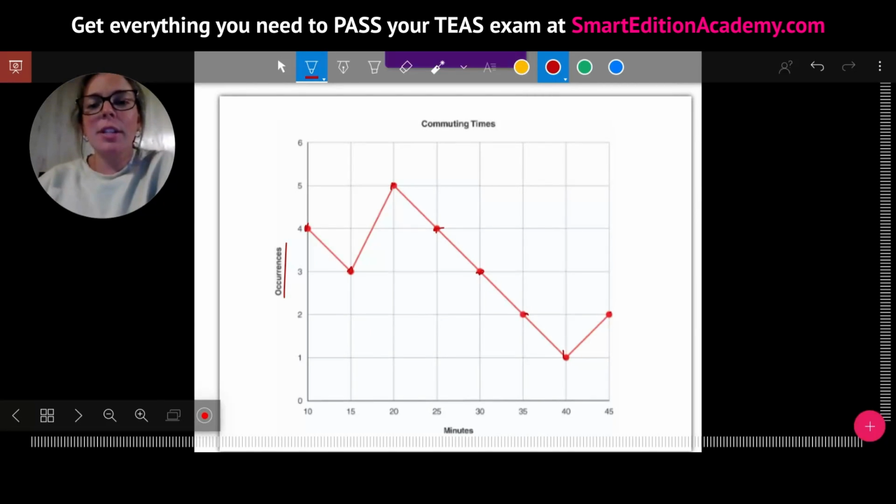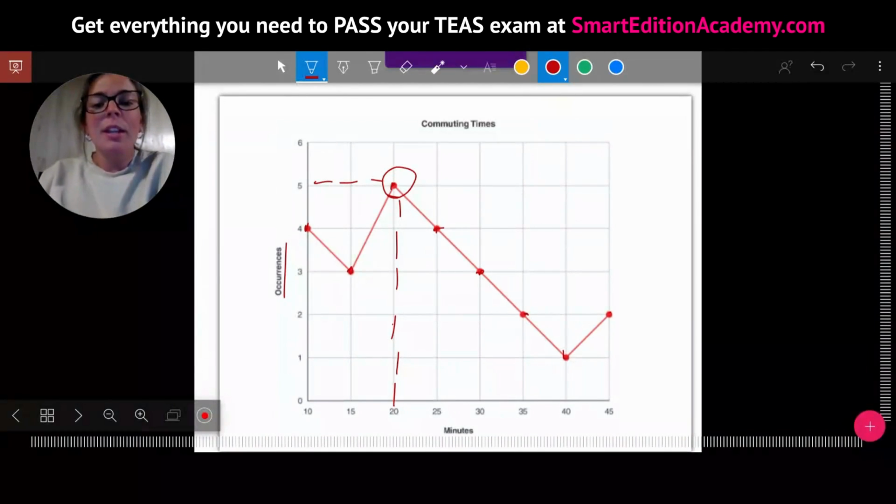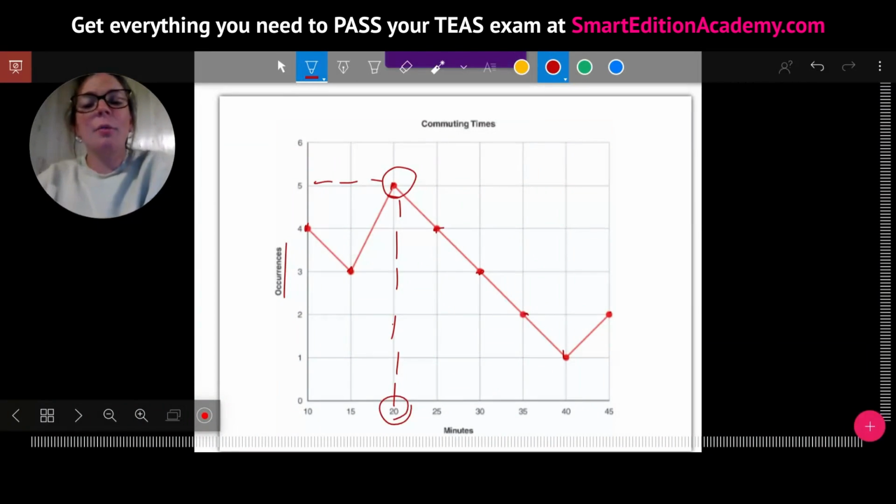This looks like the maximum. What this tells me is that it took 20 minutes to get to work on 5 different occasions. So to answer the question, the commuting time that happened the most is 20.